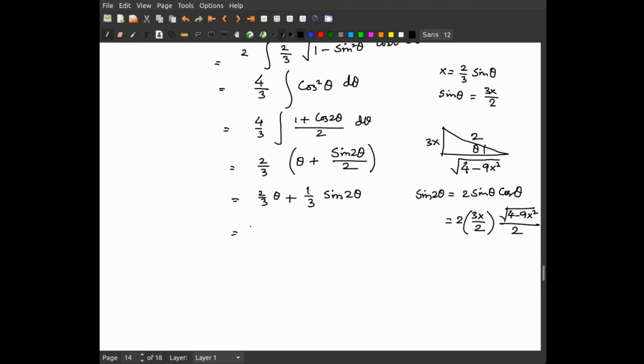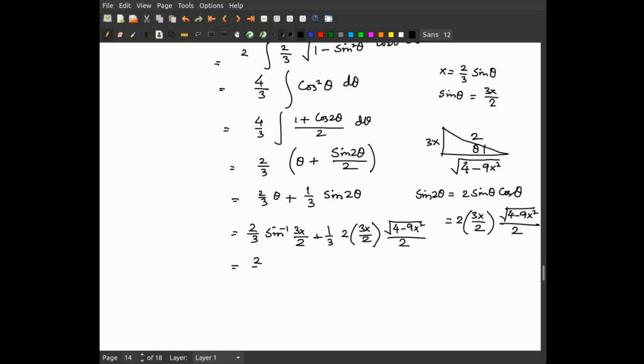So if I use that one, what happens? Theta is 2 over 3 times sine inverse of 3x over 2, plus 1 over 3. Sine 2 theta equals 2 times 3x over 2 times the square root of 4 minus 9x squared divided by 2.